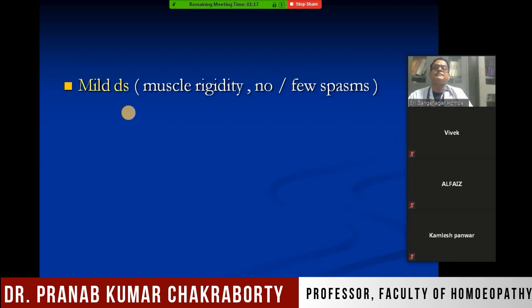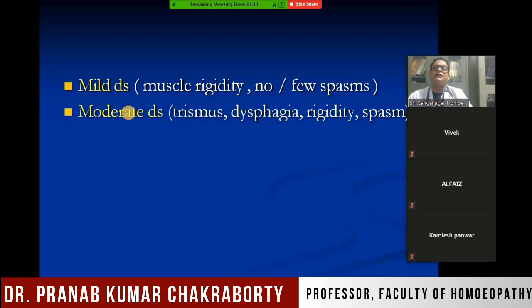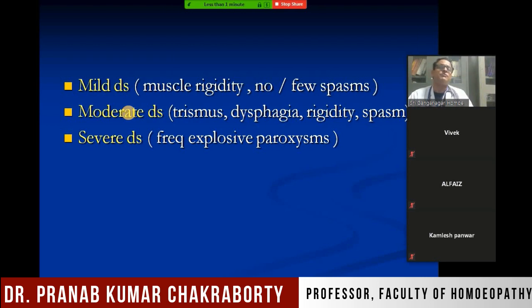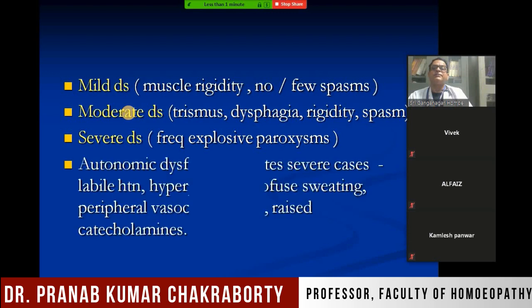In mild cases you will get muscle rigidity and very few spasms, sometimes no spasm. In moderate cases there is trismus and dysphagia, rigidity and spasm, with only paroxysms coming. In severe cases, frequent explosive paroxysms come up with no gap, or only a very small gap. This is called the severe condition.